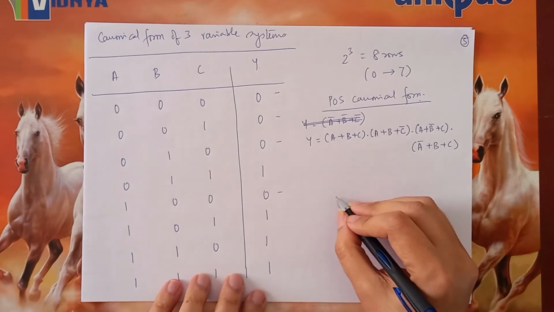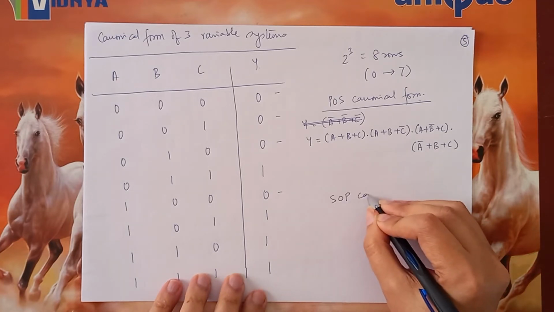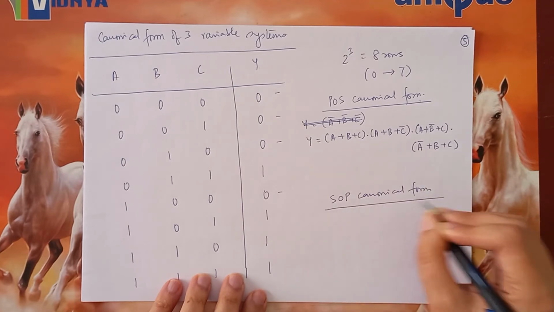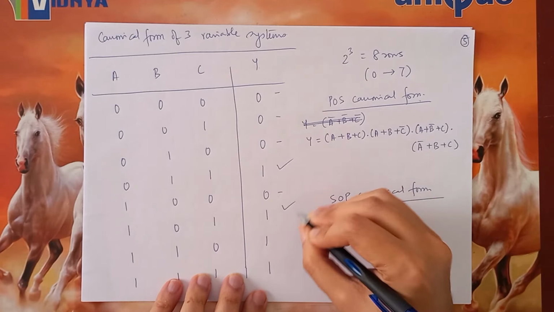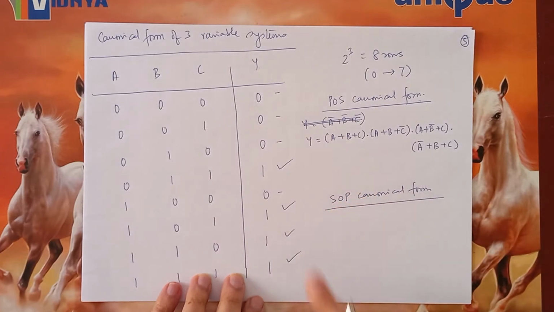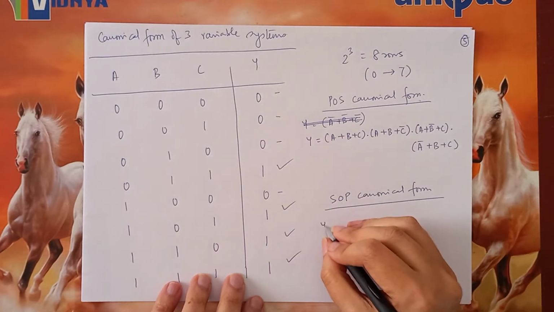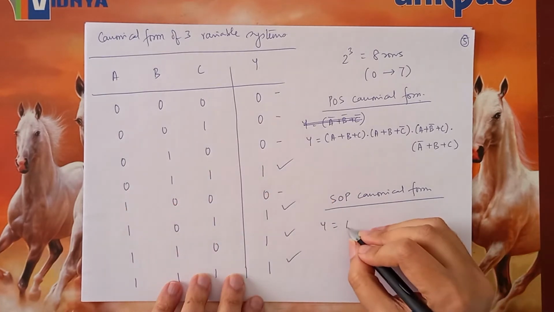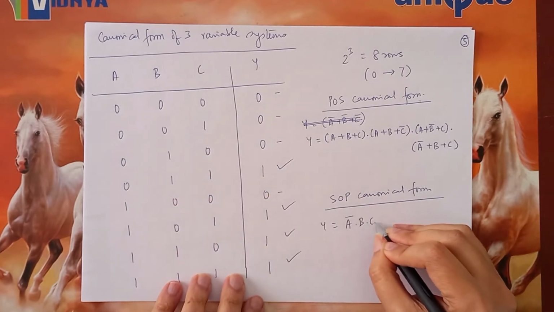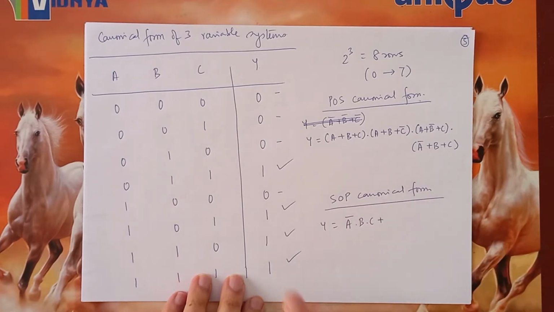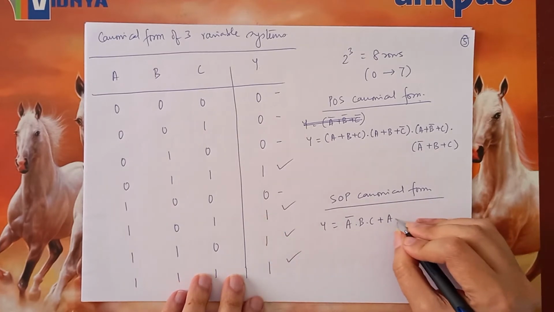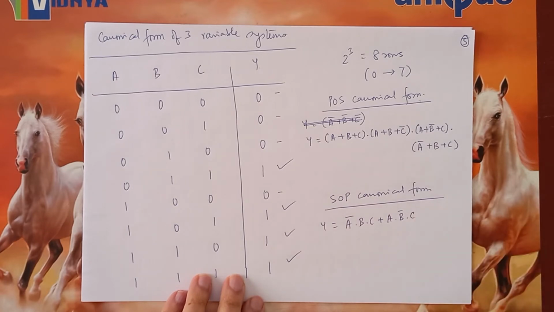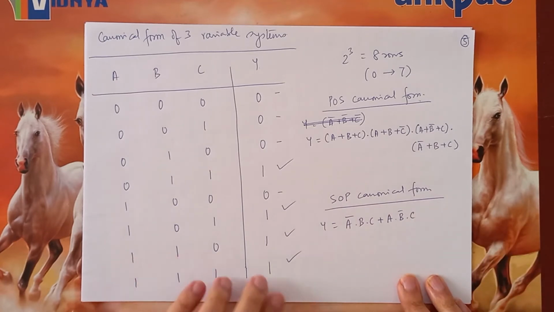Now, if I want to do the opposite, I want to write the SOP canonical form, I will look for the ones. There are 4 ones. So this one will be A bar dot B dot C. This one will be A dot B bar dot C. This will be A dot B dot C bar.